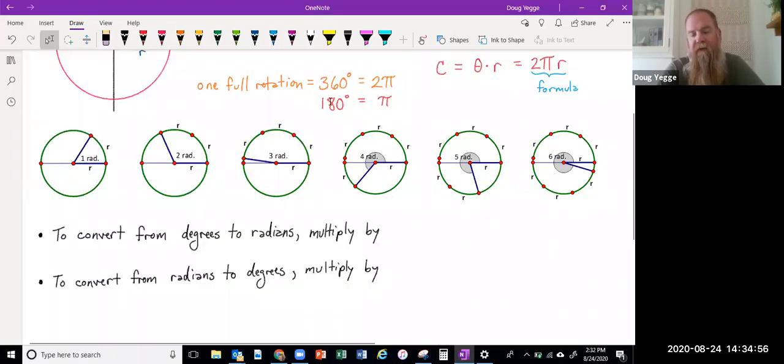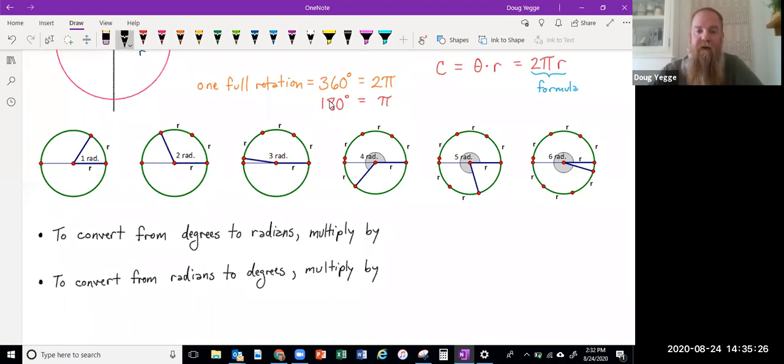We can now use this fact that 1/2 of a rotation, 180 degrees, is equivalent to the value of pi radians. That's like saying 12 inches is equal to 1 foot, or 5,280 feet equals 1 mile, or 2 cups equals 1 pint, right? You're showing an equivalency between two different units, so we should be able to create a conversion factor in order to convert from one to the other.